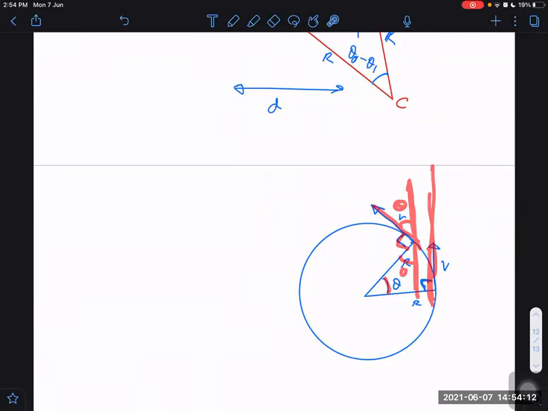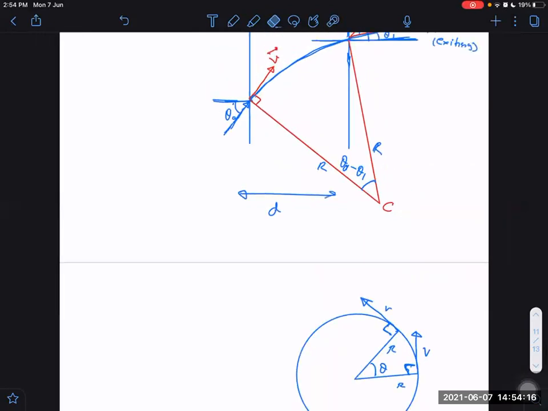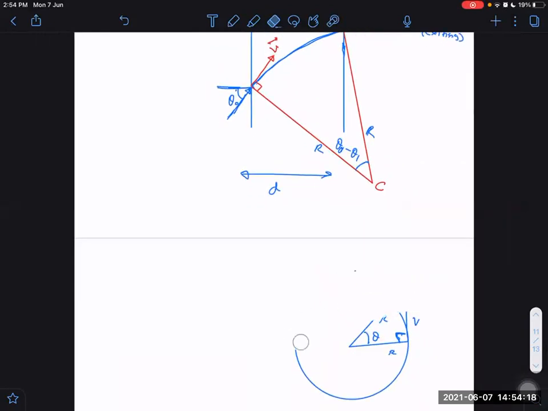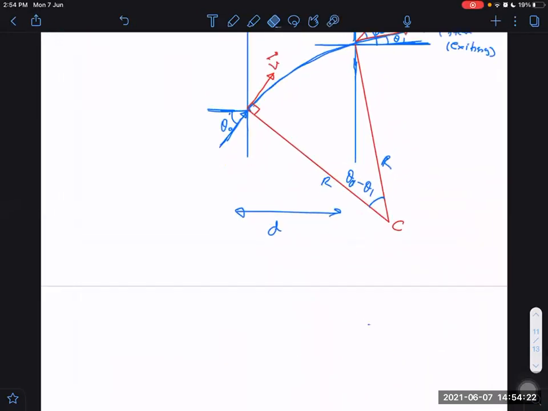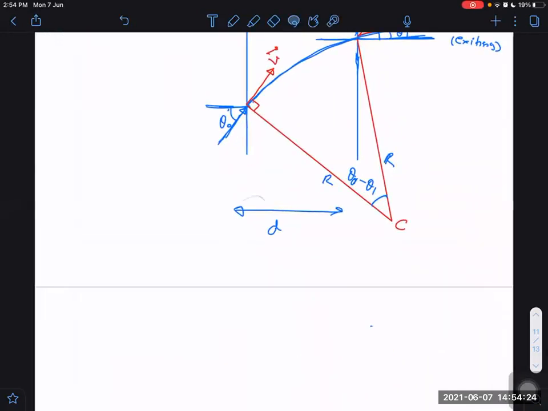Initially it was vertical. What is the relation between R and D and theta naught minus theta 1? What is the relation? R, D and theta naught minus theta 1. Any relation?